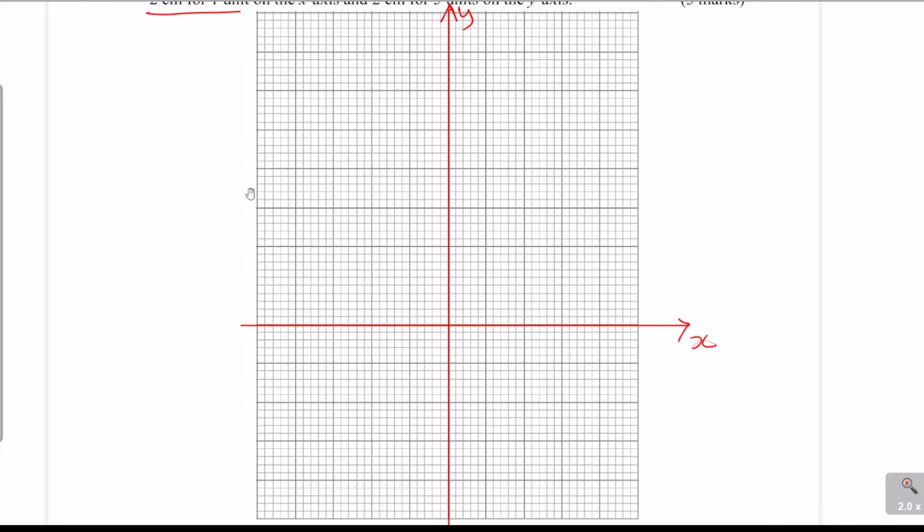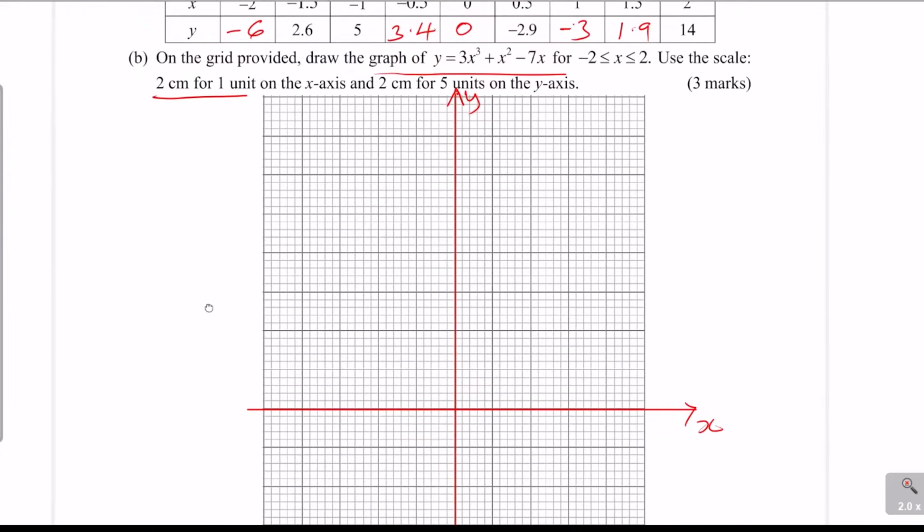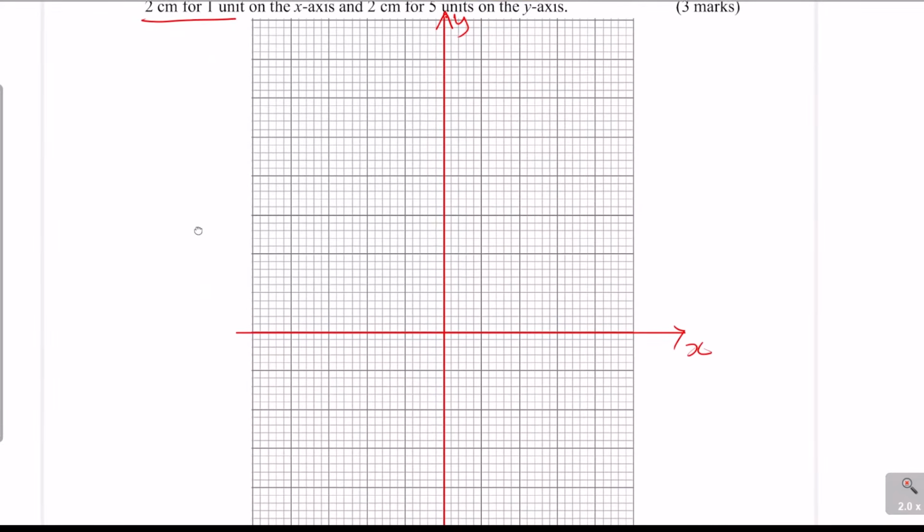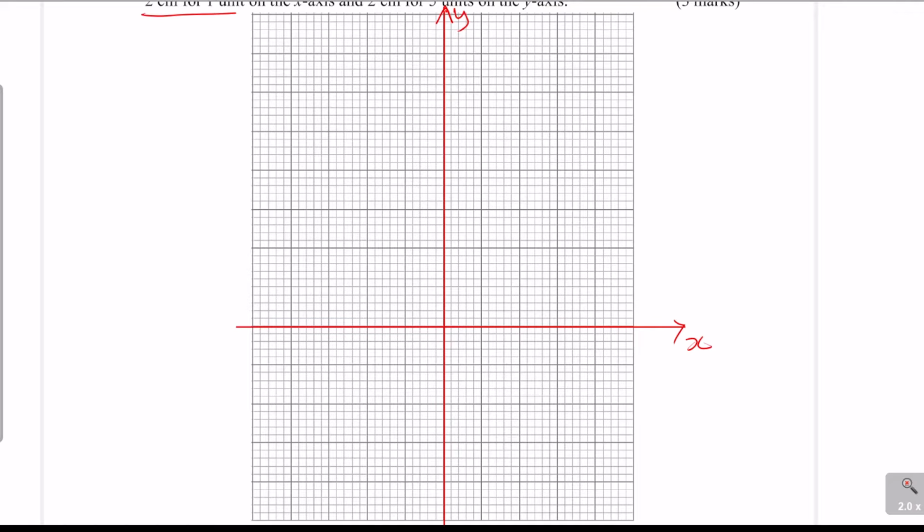So the scale for the x-axis, 2 centimeters for 1 unit. 2 centimeters for 1 unit means what? That this is 0, 2 centimeters, 1 unit, like that. So we have 2 there. Then here you have -1, and then you have -2 there.